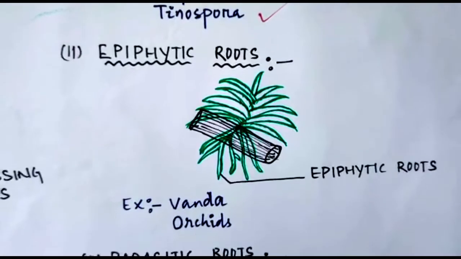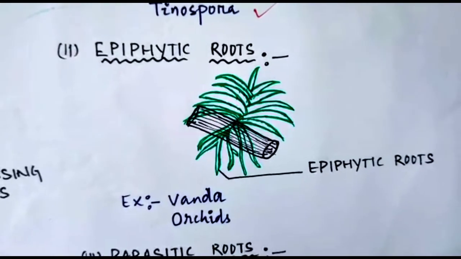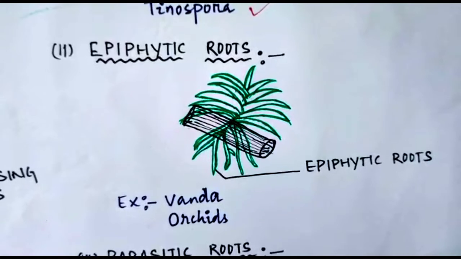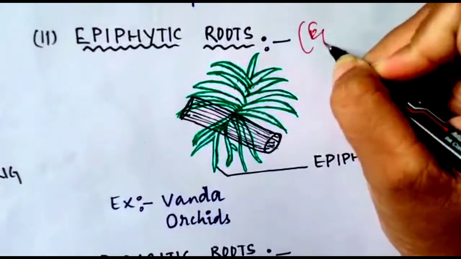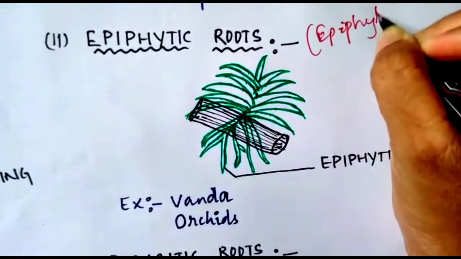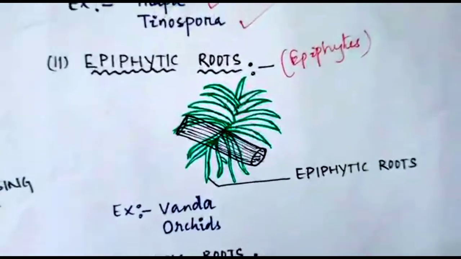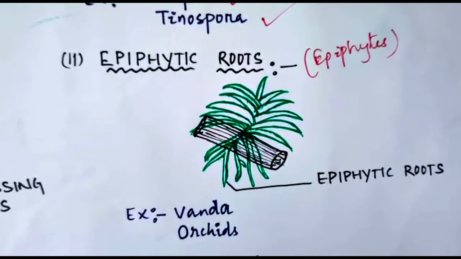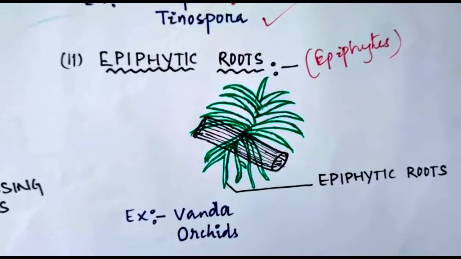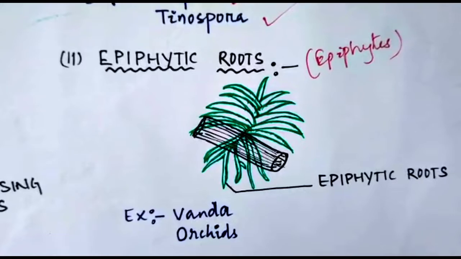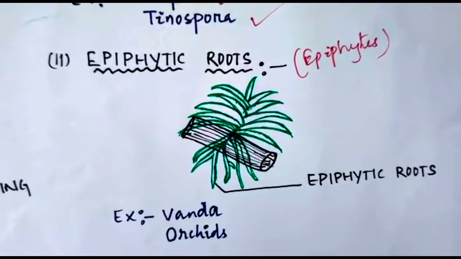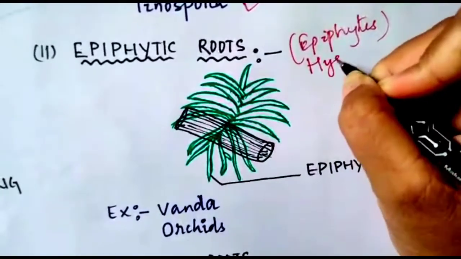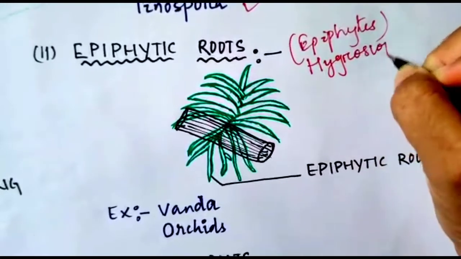Then we come to the epiphytic roots. These type of roots are found in epiphytes. That means the plant grows on the surface of or on the branches of tall trees. These roots are also known as hygroscopic roots.